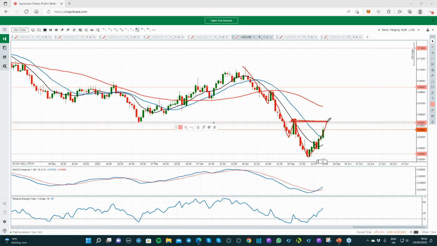So I would expect and anticipate some kind of reaction there, but it might start to look like potentially the formation of an inverted head and shoulders. And perhaps if that level then gets broken, there could be some long price action there in the not too distant future. We'll have to wait and see what happens around this level as to whether that could be tradable.